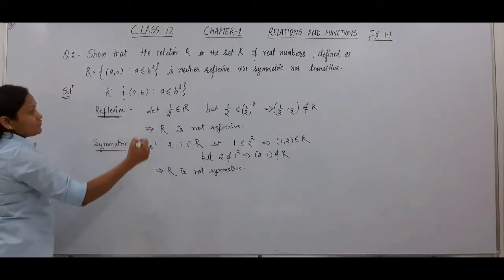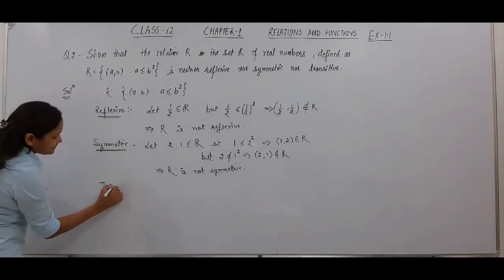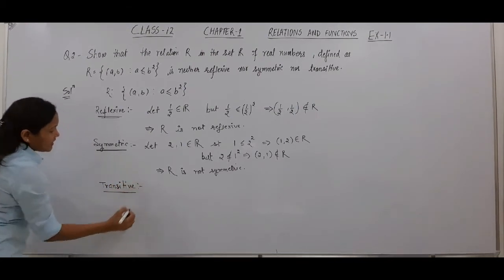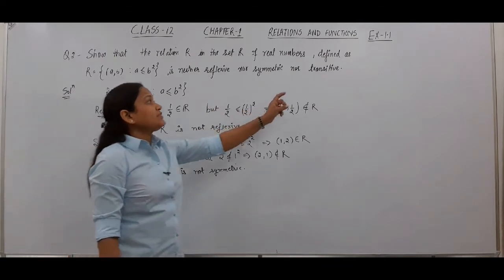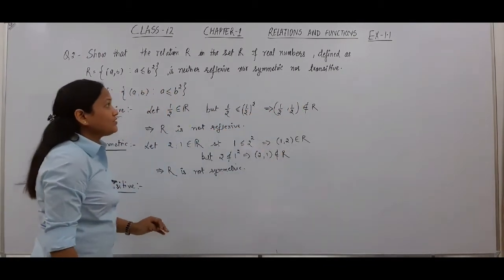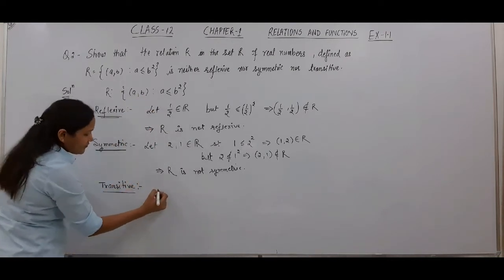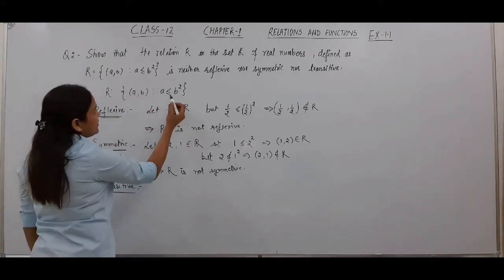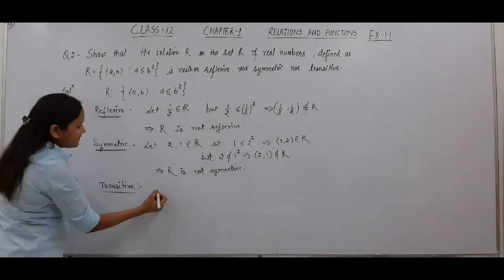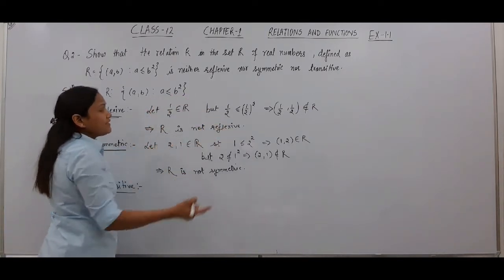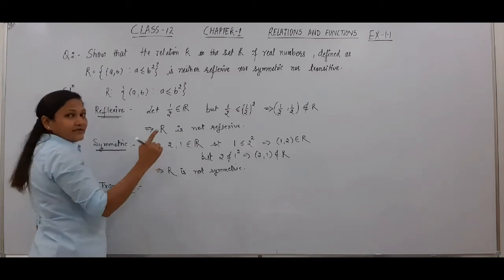Next is you have to check for transitivity. Now you have to prove that your relation is not transitive. So try to create an example for this. Let us take some example where a is related to b and b in turn related to c, but a is not related to c.